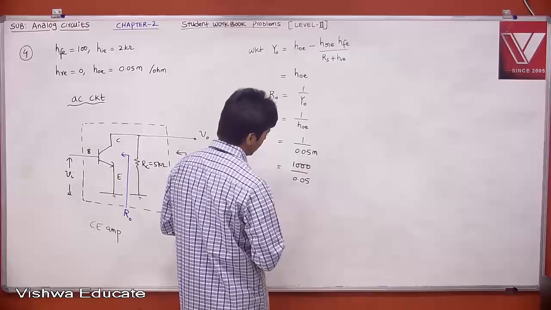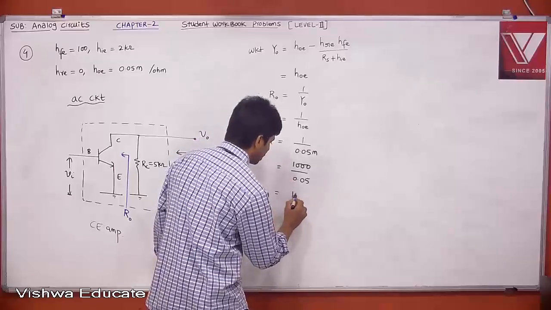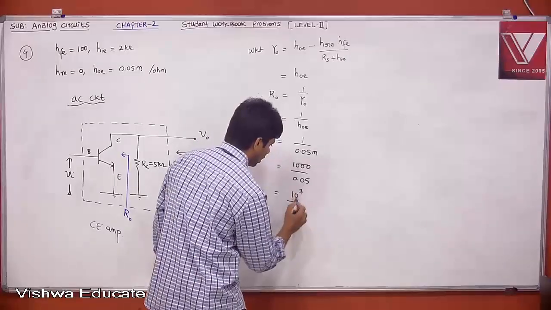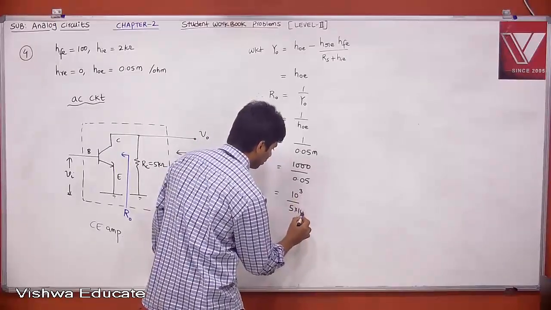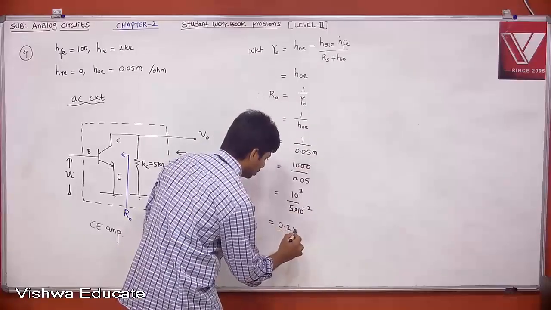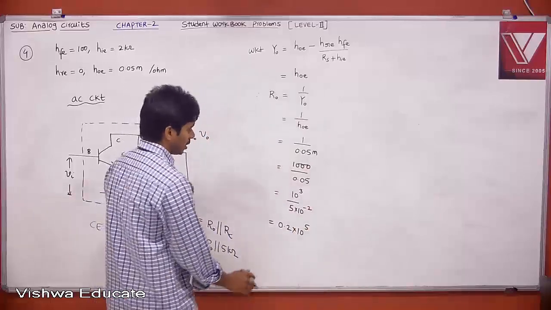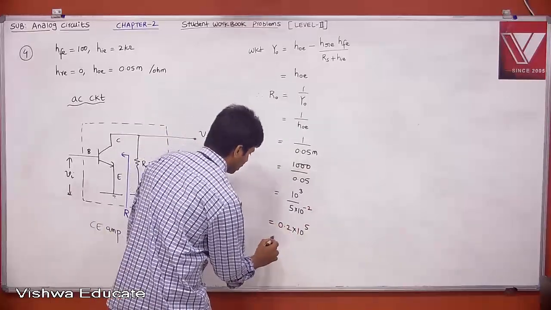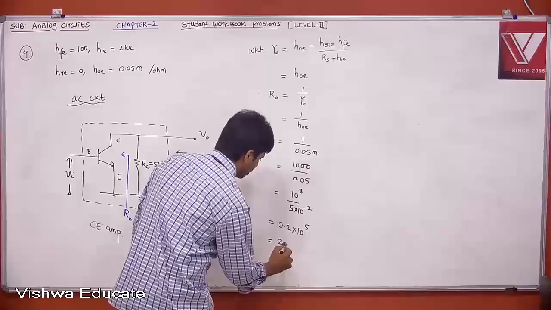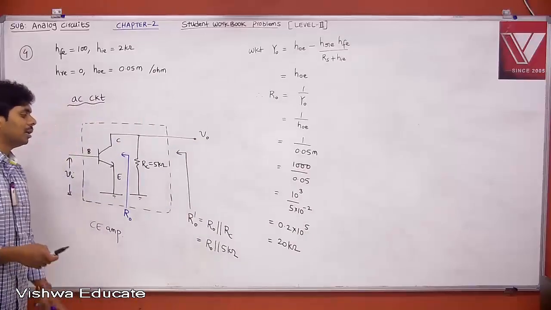How will you write this? 10 to the power of 3 divided by 5 into 10 to the power of minus 2. Then 1 by 5 is 0.2 into 10 to the power of 5, which is nothing but 20 kilo ohm. Therefore, what is our output impedance? 20 kilo ohm.